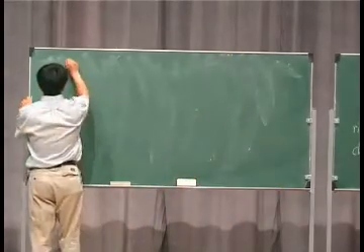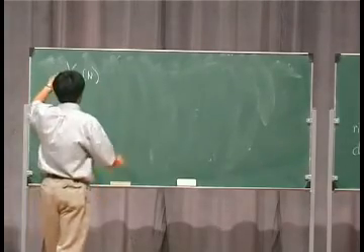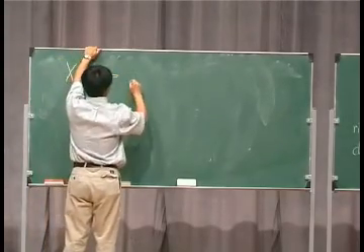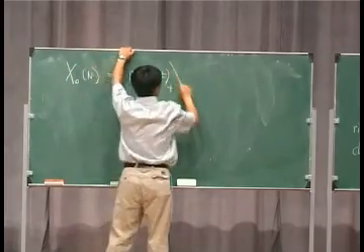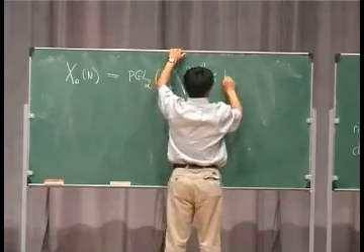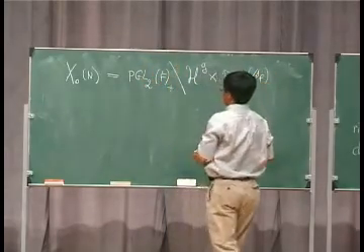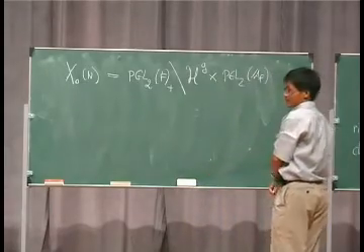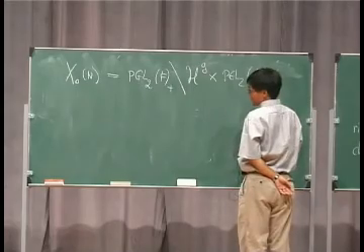Then we have the Hilbert modular variety, X_0 of N. That is PGL2 of F positive acting on the upper half plane H to the g, times PGL2 of A_F-hat, modulo U_0 of N. Somehow, I always take the center away, but this is not just for simplicity, it's not really that necessary.